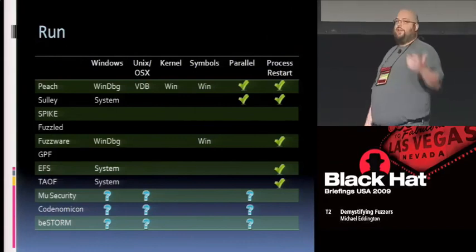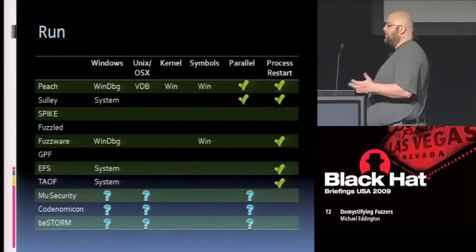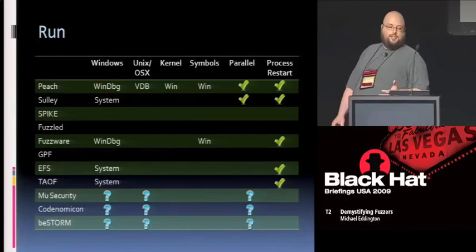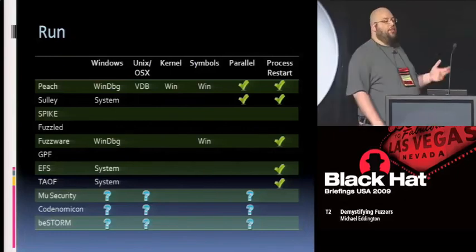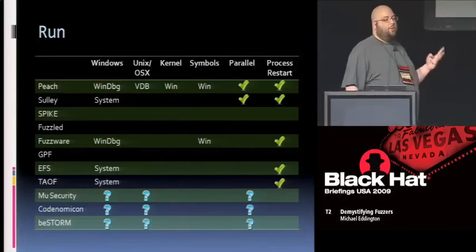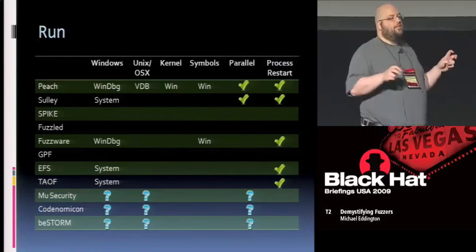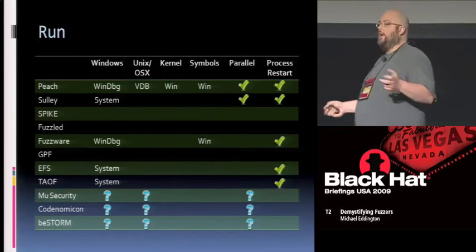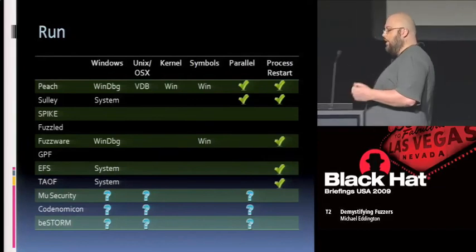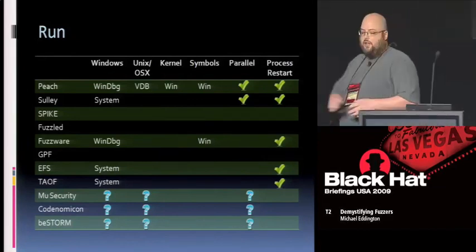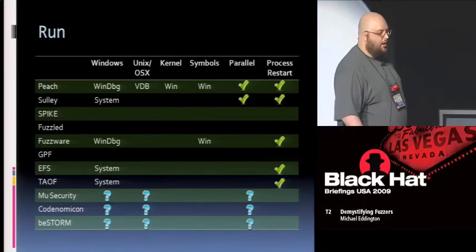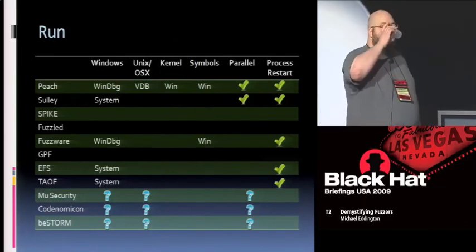It supports lots of nice features and exposes itself as a COM object. So it surprises me that there are really only 2 open source fuzzers that support WinDbg, and everyone else seems to use the system debugger, which doesn't support symbols, doesn't support kernel debugging, and doesn't support WinDbg modules to do things like crash analysis, which also tends to be very fun.